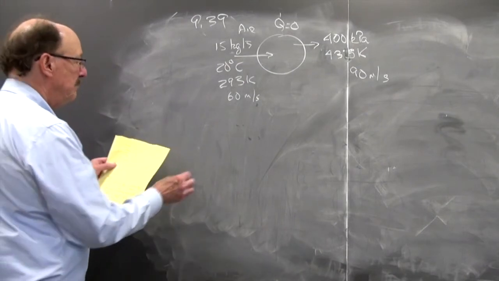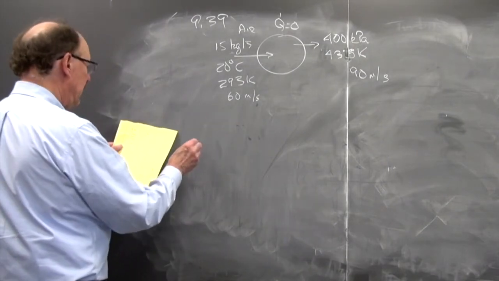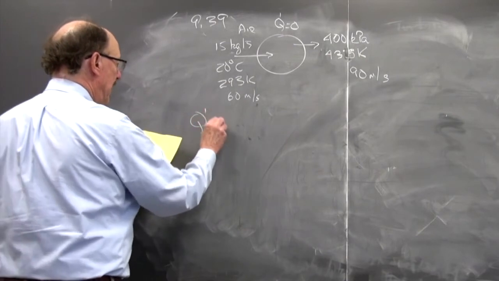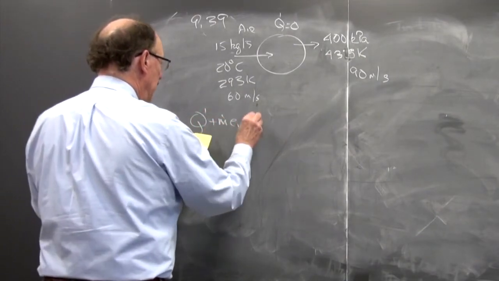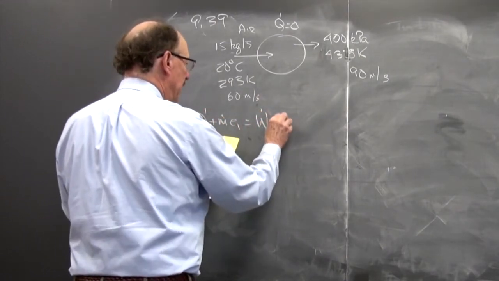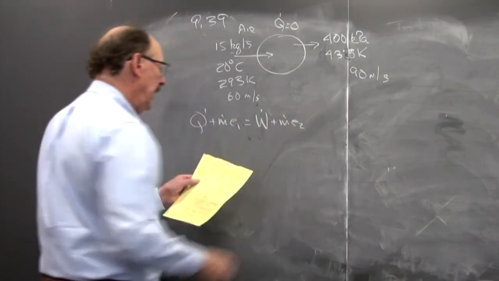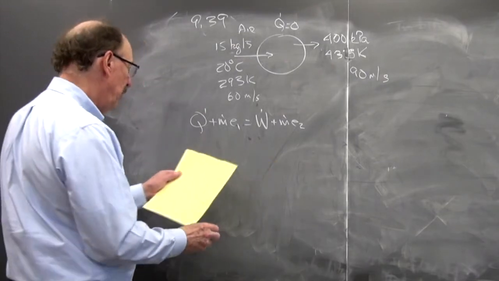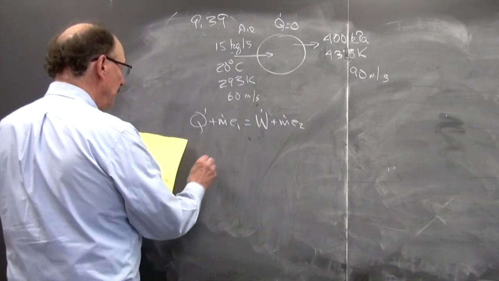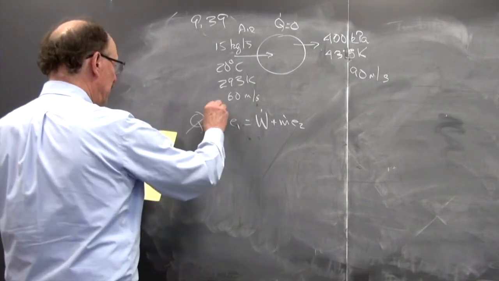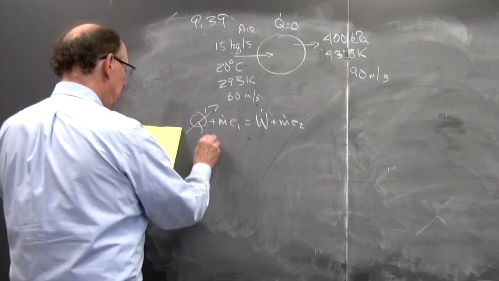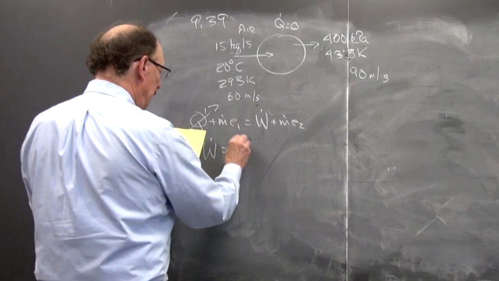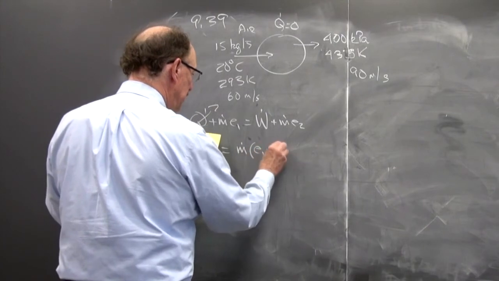With this, our first law analysis is Q dot plus N dot E1 is equal to W dot plus N dot E2. We're using E because we have the velocity as well. Q dot is 0, so I have W dot is equal to N dot times E1 minus E2.